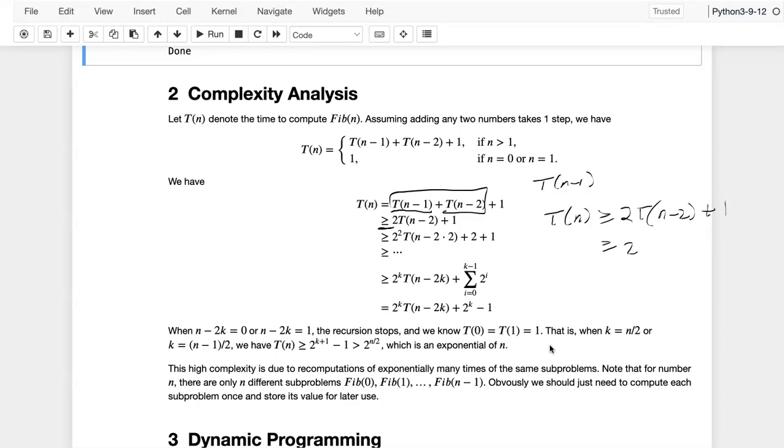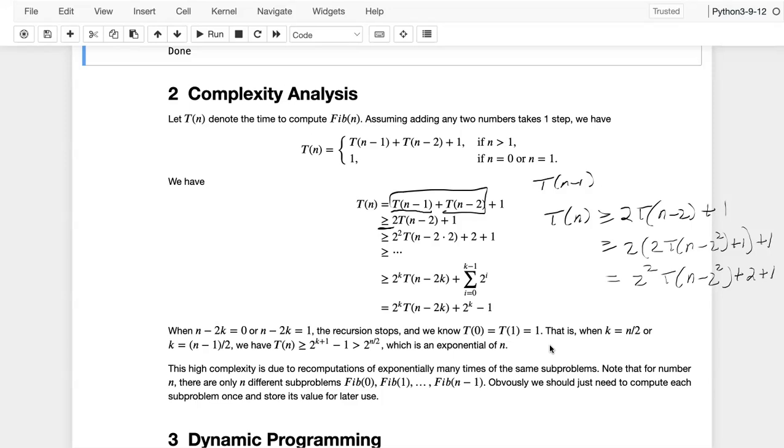So this will be 2 T of n minus 2 squared plus 1 plus 1. So this is going to be 2 squared T of n minus 2 squared plus 2 plus 1.